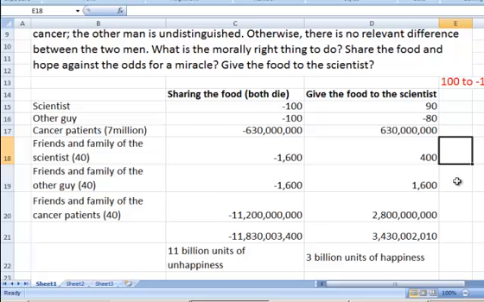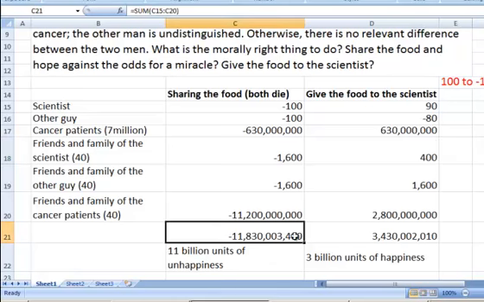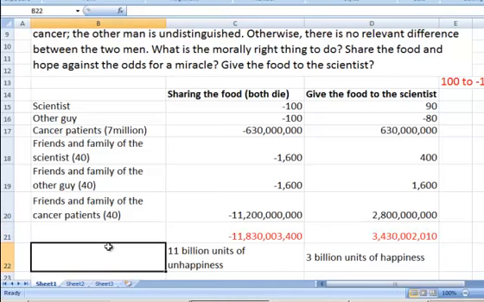And so basically we go through a similar type of calculation for the rest of this and just sum everything up. So these are the sums here, those in red. And of course you could tell this really without even doing the calculation, but it's quite clear that giving the food to the scientist is going to create a lot more happiness overall than sharing the food and letting both men die.